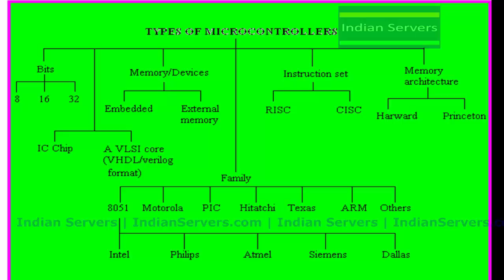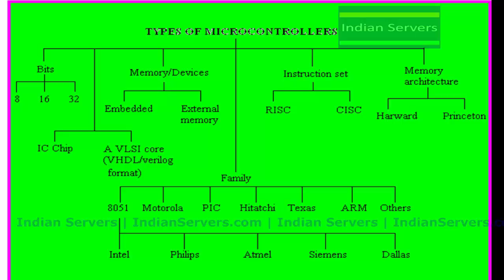For CISC, the example is Intel. Intel manufactures its microcontrollers or microprocessors with CISC architecture, meaning instructions will increase. Say, for example, I have done one project in a RISC microcontroller. It took some 10 lines of program. The same program will take some 20 lines in CISC microcontrollers.